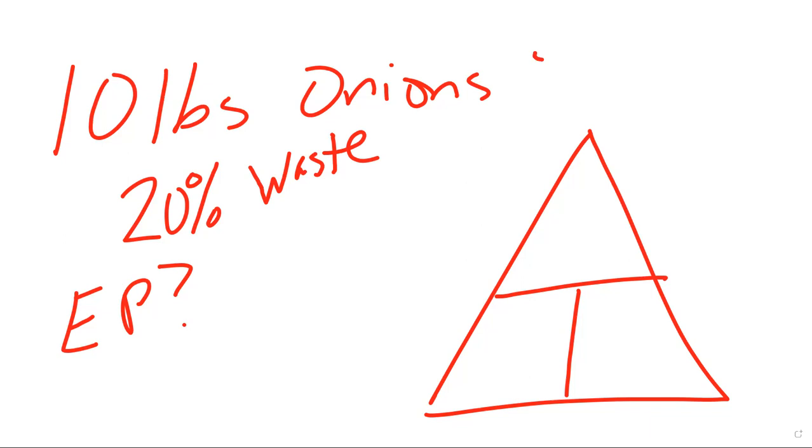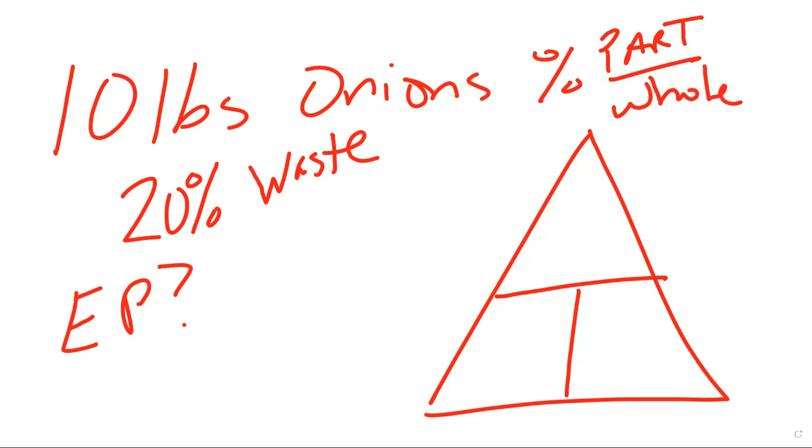So percent equals part divided by the whole. Then that can help you identify what's going to go where in the triangle, for example.